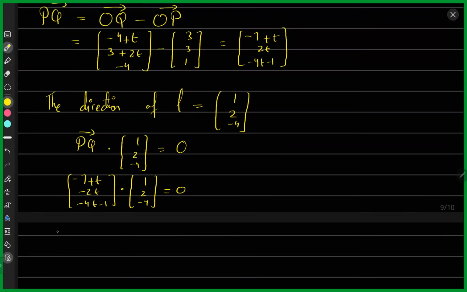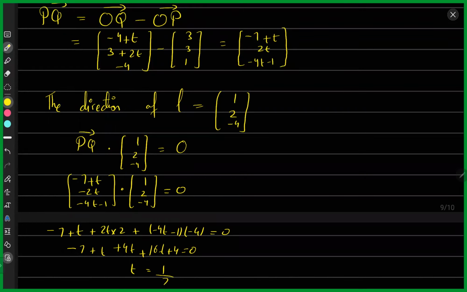And this would imply minus 7 plus T plus 2T into 2 plus minus 4T minus 1 into minus 4 is basically 0. This would give you minus 7 plus T plus 4T plus 16T plus 4 equals 0. And T is going to be 1 by 7.